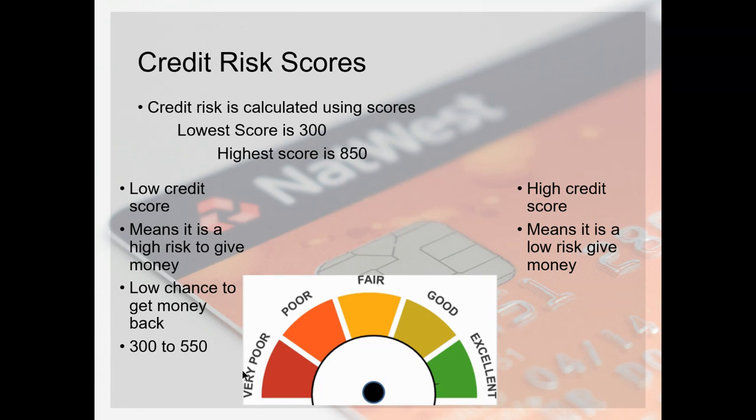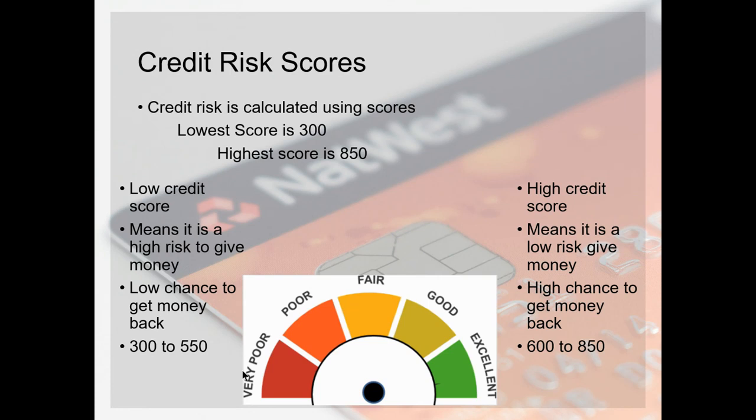A high credit score means that it's a low risk to give that person money. A high credit score means it's a high chance that you're going to get that money back. So credit agencies, if you have a high credit score, they know that they have a high chance of getting that money back. And generally that is 600 to 850.